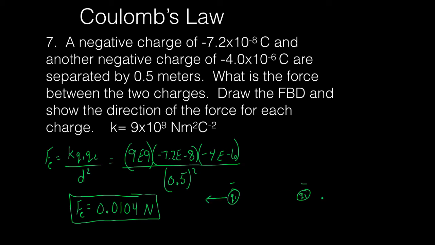And so you will draw the arrows going in opposite directions. They are going to repel each other. And again, the magnitude of that force is 0.0104 newtons. So anyway, that's how you would solve Coulomb's law problems, and how you plug them in and use that equation to solve those types of questions.